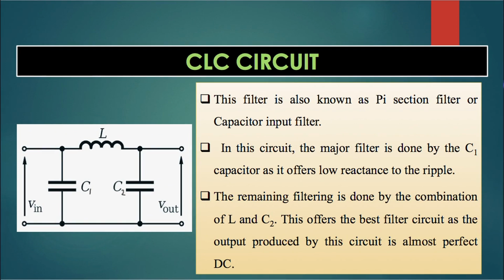In this circuit, the majority of filtering is done by the C1 capacitor as it offers low resistance to the ripple. The remaining filtering is done by the combination of L and C2. This offers the best filter circuit as the output produced by this circuit is almost perfect DC.